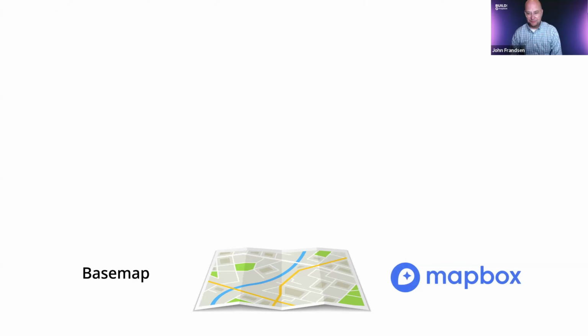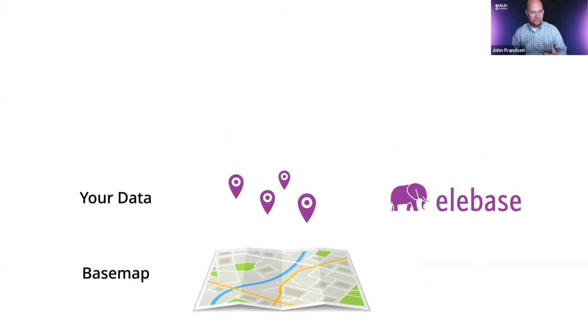The second part is your data. You usually don't want to publish an interactive map that just shows, here's the world. You usually want to show it in the context of your data. And that's where Elebase comes in. Elebase is a way for you to create and manage your data that you want to put into a base map.